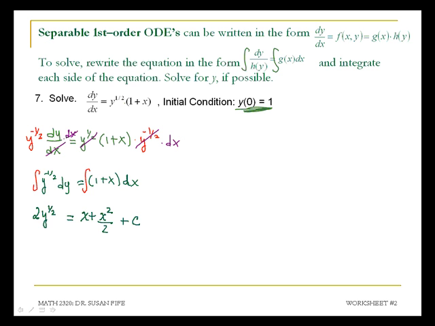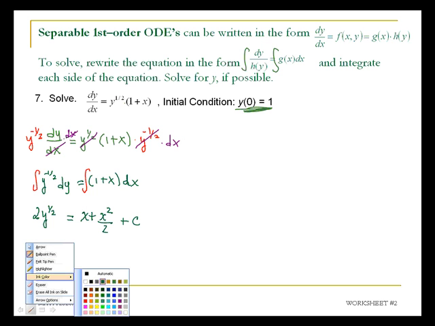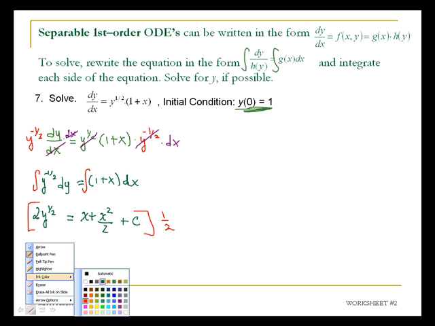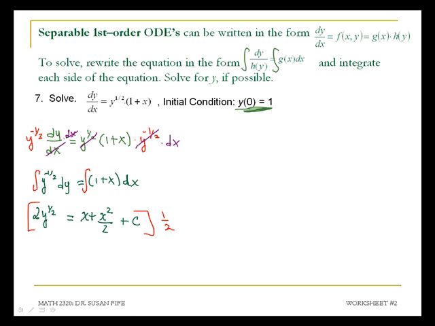So can I solve for y? I think I can. Let's go ahead and solve for y. I'm going to first get rid of that 2 by multiplying everything in the equation by 1/2. That's going to give me y to the 1/2 equals 1/2 x plus 1/2 times 1/2 is 1/4, 1/4 x squared plus c over 2.